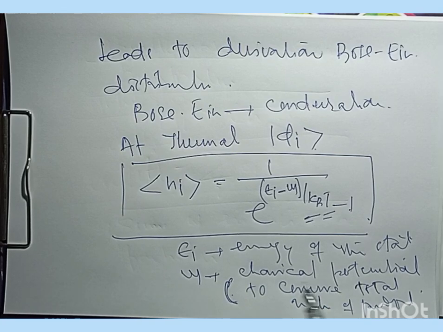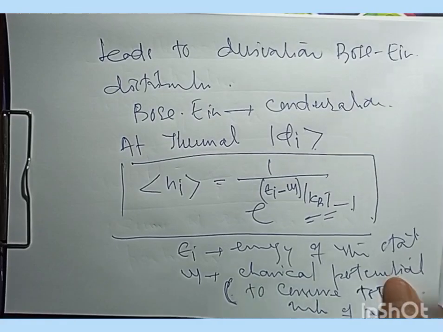Now, this formula shows us that at low temperatures, many bosons can occupy the same state, leading to macroscopic quantum phenomena like Bose-Einstein condensation. Now, what is this Bose-Einstein condensation?